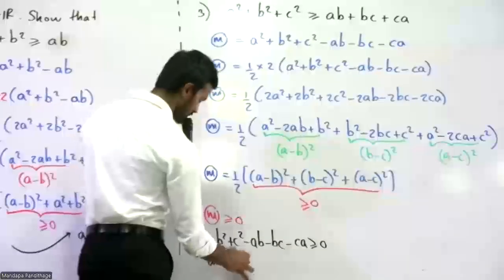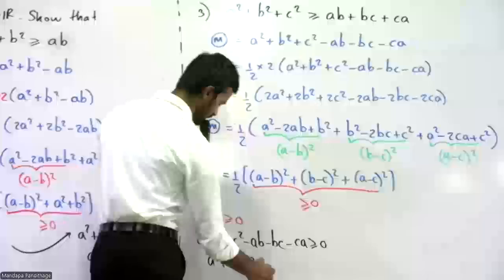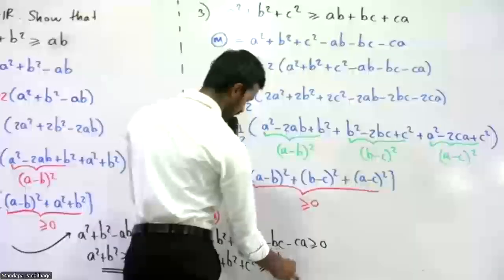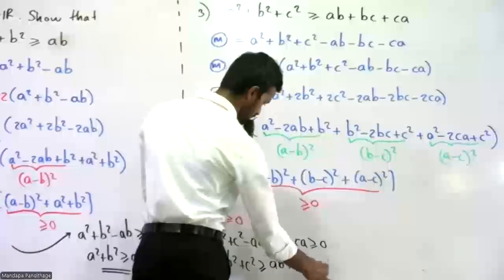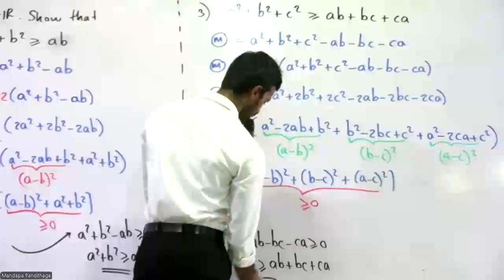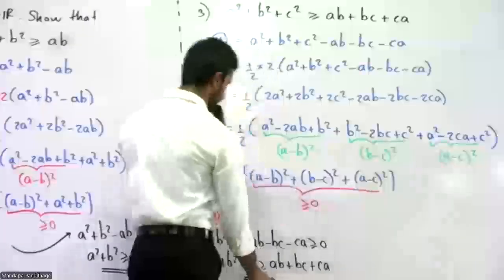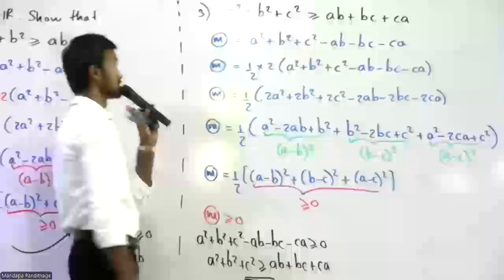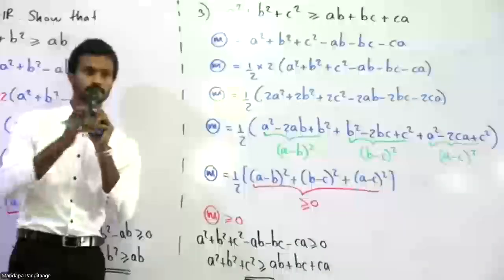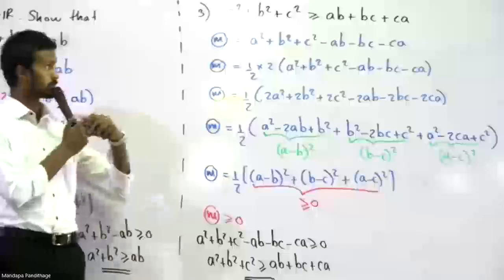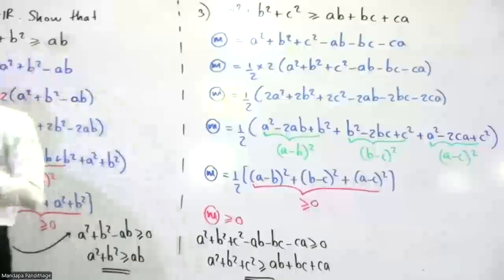So a squared plus b squared plus c squared is greater or equal to ab plus bc plus ca. Same thinking, that you have to divide by 2 and multiply by 2. Okay, hands up who got this answer, question number 3. Okay, good. Now think of question number 5.